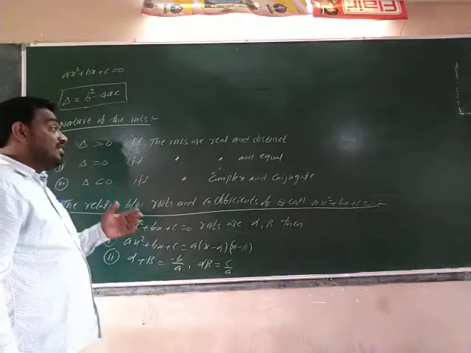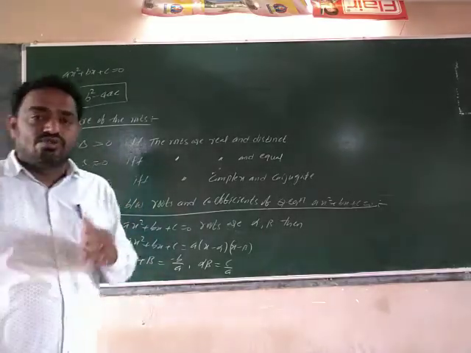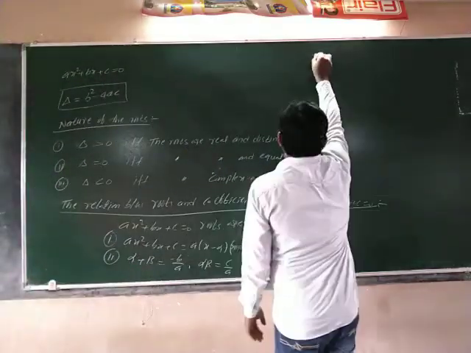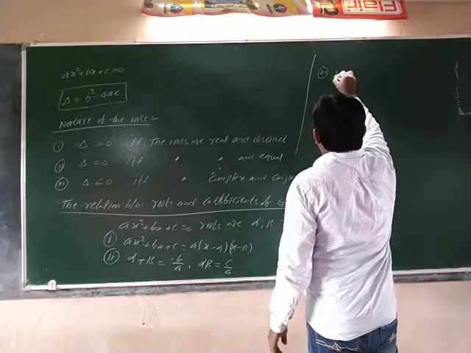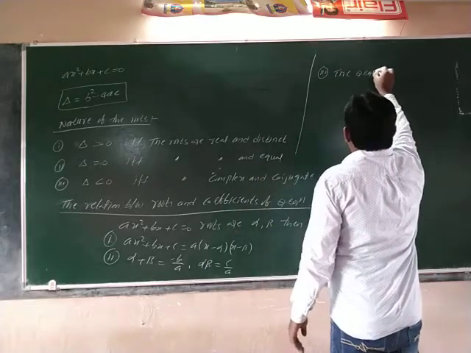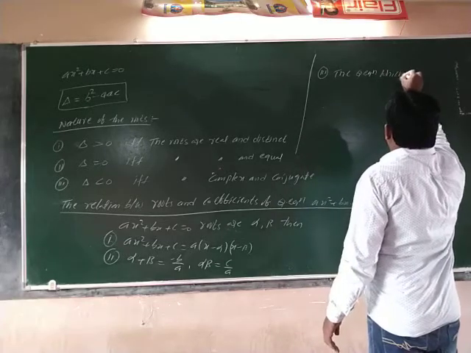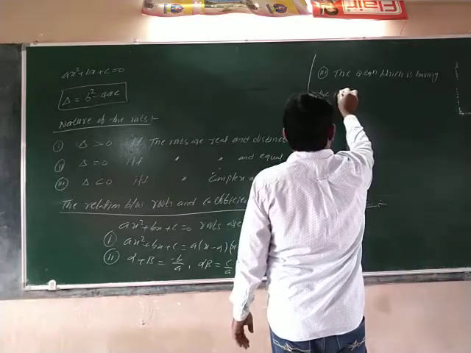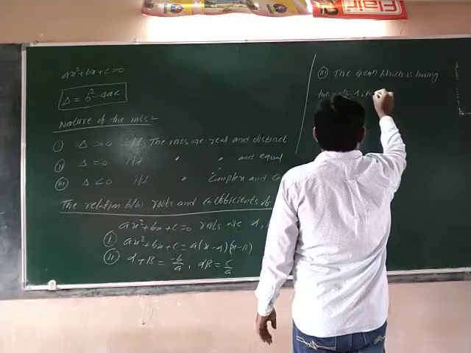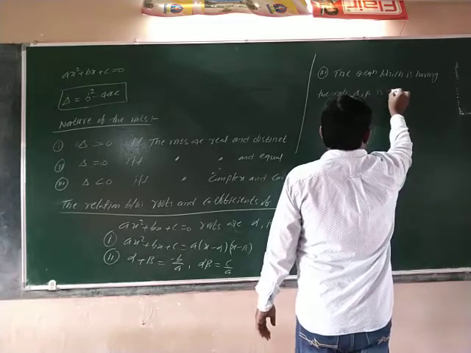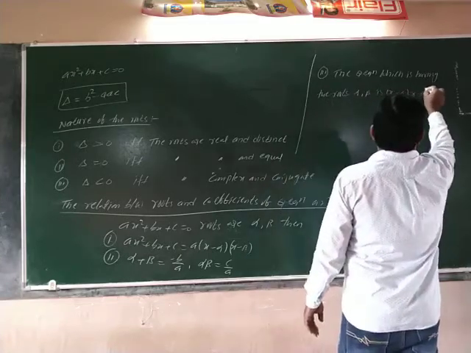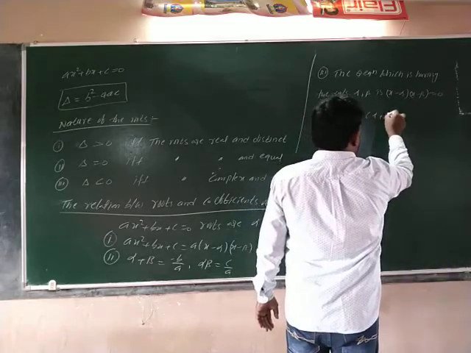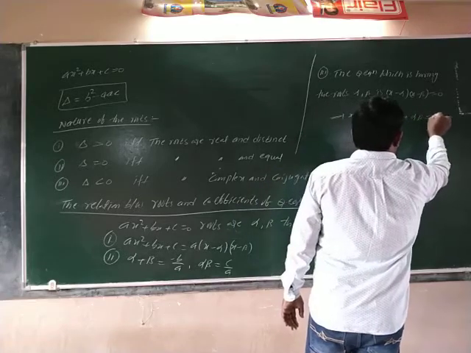And what is the quadratic equation having the roots alpha, beta? That is x minus alpha into x minus beta equal to 0. Third, the quadratic equation having the roots alpha, beta is x minus alpha into x minus beta equal to 0, which is x square minus alpha plus beta into x plus alpha beta equal to 0.